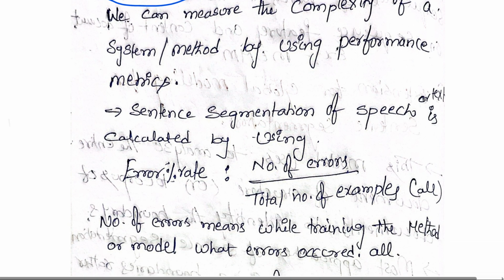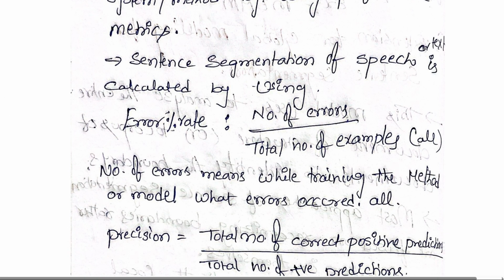Normally, we calculate these performance metrics while training machine learning and deep learning models. The same methods and metrics are used here, but these performance metrics can be used for sentence segmentation of speech or text.